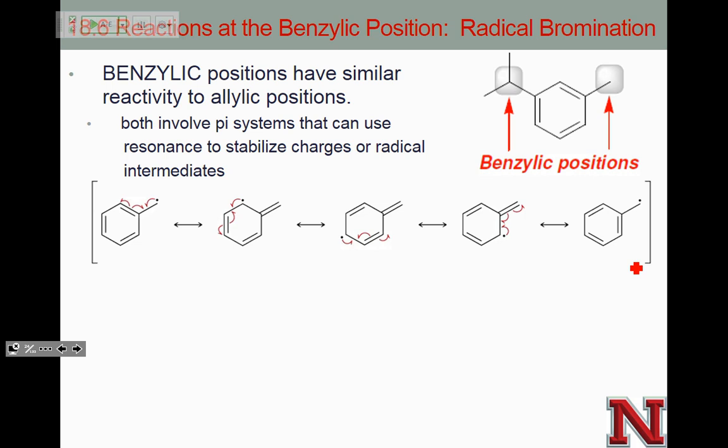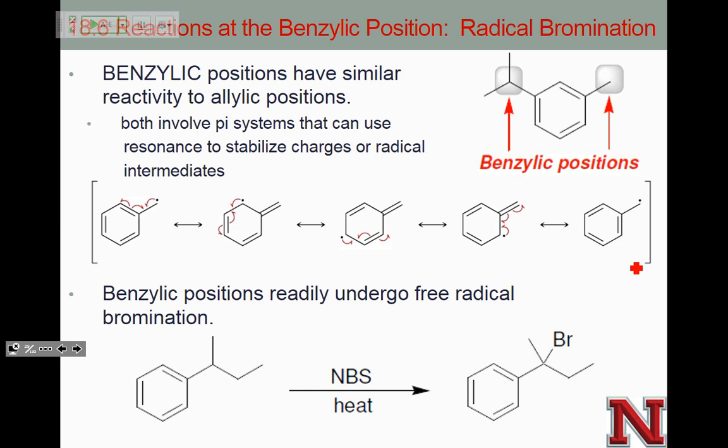So they're still contributing, but not as much, because they're not as stable since the compound isn't aromatic in those resonance structures. So we don't have as much stabilization from these multiple resonance structures as you might think, but it's still stabilizing. So the benzylic position reacts really well through radical bromination, and we've seen that before in chapter 11. That one's also true.